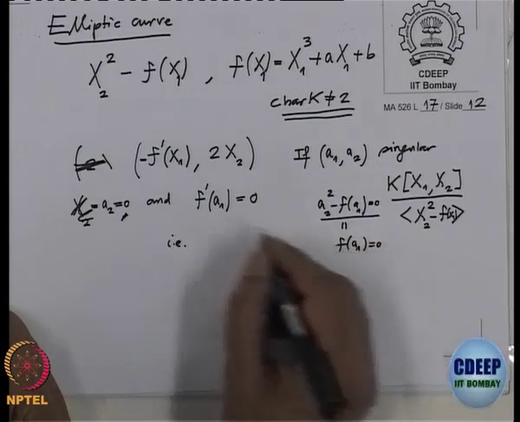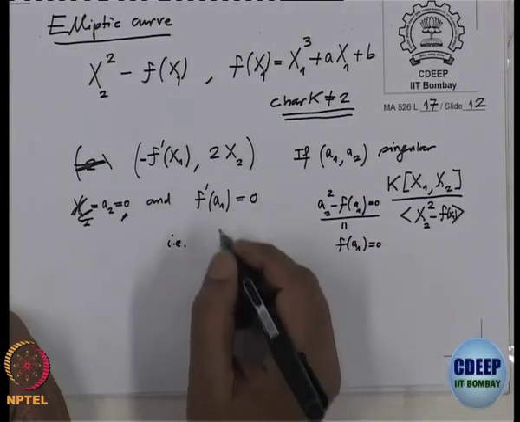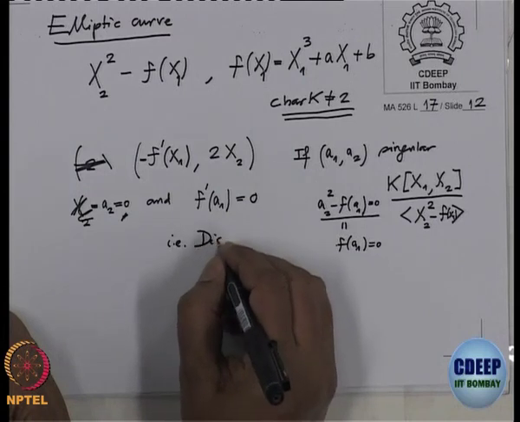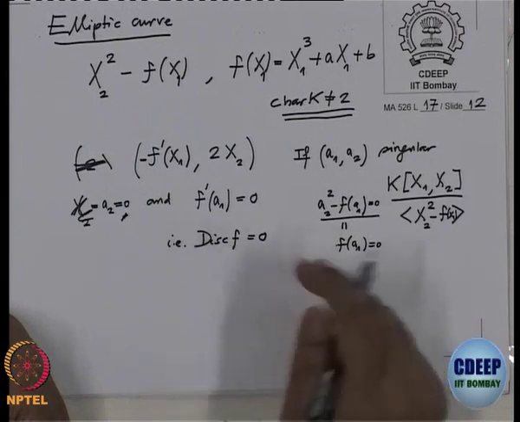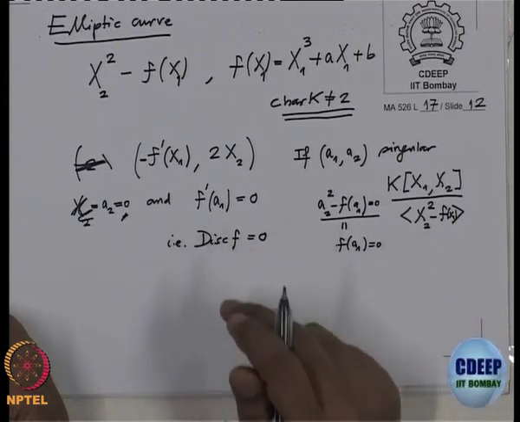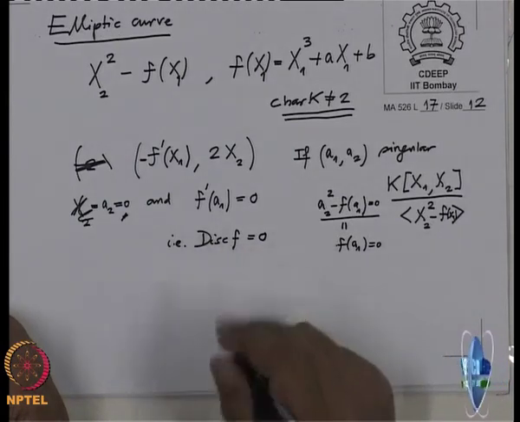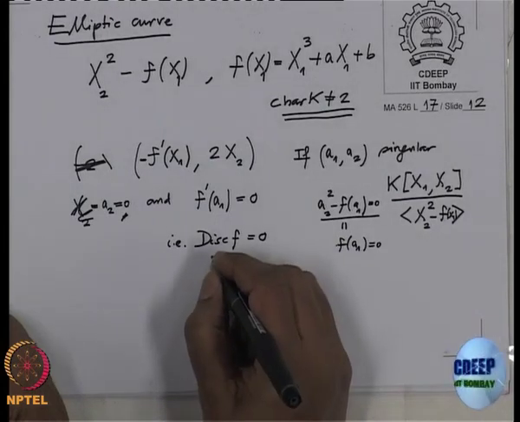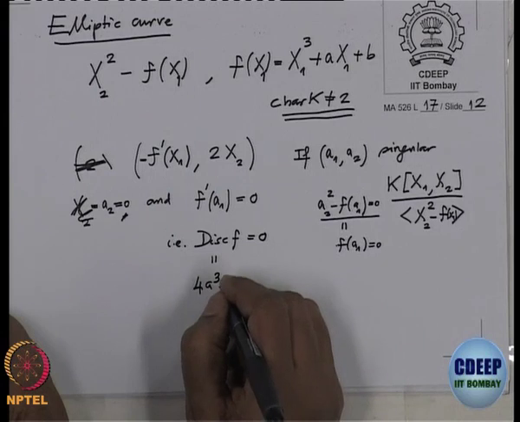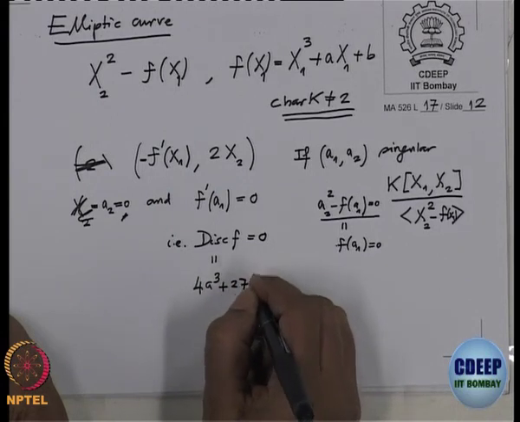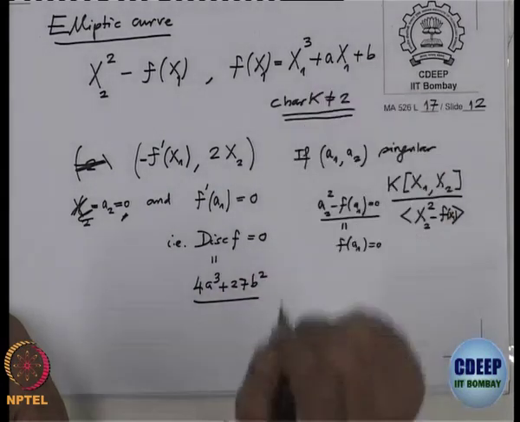So, f of a1 is 0 and f prime at a1 is 0 also, that means the discriminant of f is 0, because common roots of f and f prime are precisely the, okay. So, discriminant of f is 0, but what is the discriminant? Discriminant is 4a cube plus 27b square, that is the discriminant of the cubic equation.